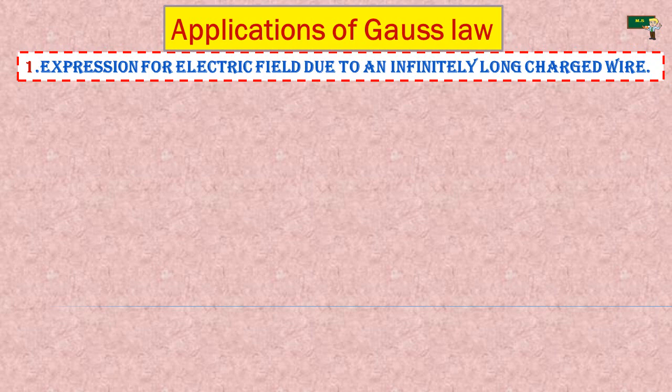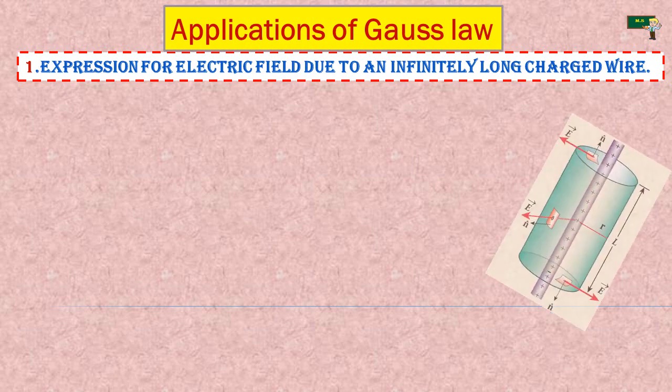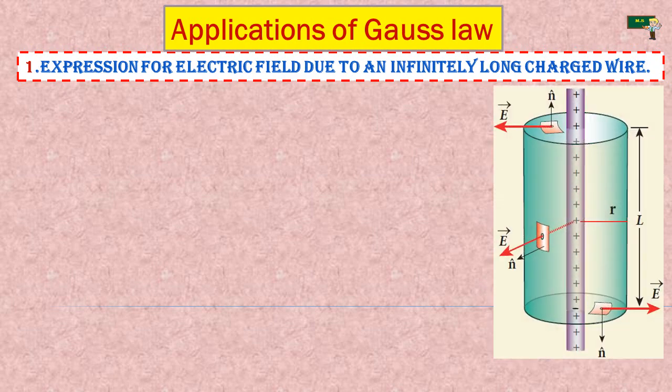What do you mean by infinitely long charged wire? See, this is the picture, and this is an infinitely long charged wire. In Hindu culture, they used to say Perumal took a Vamana Avatar.